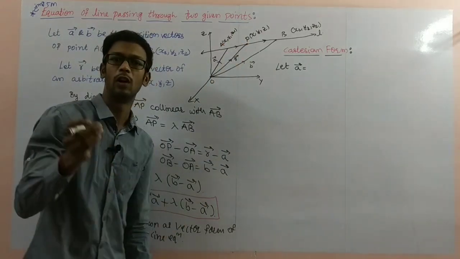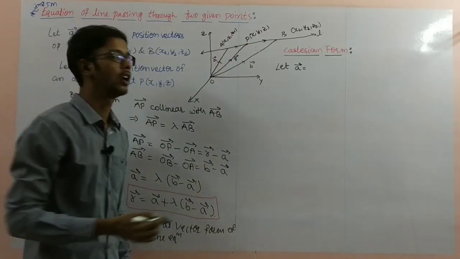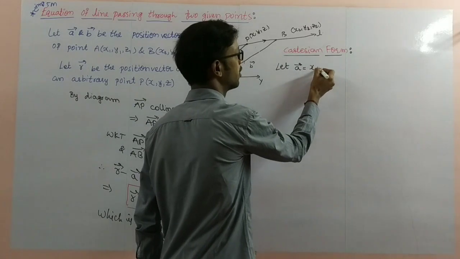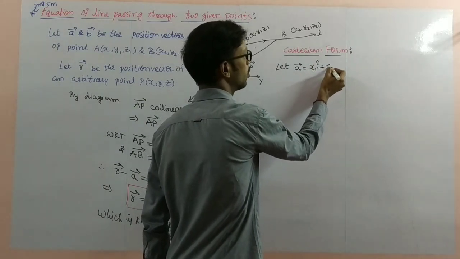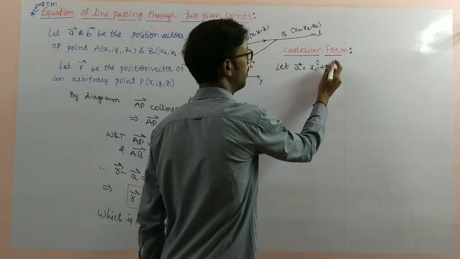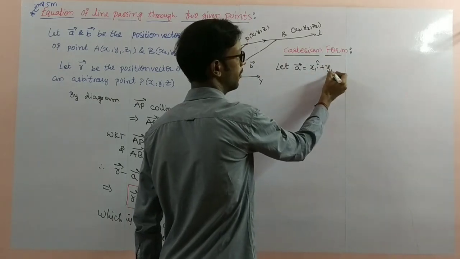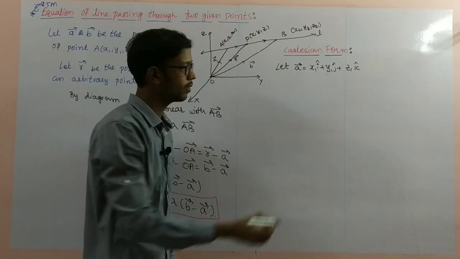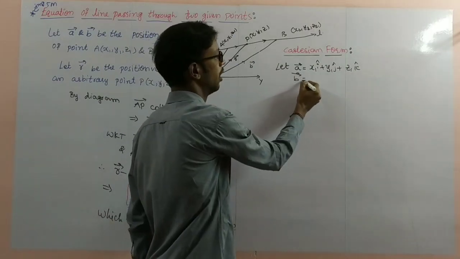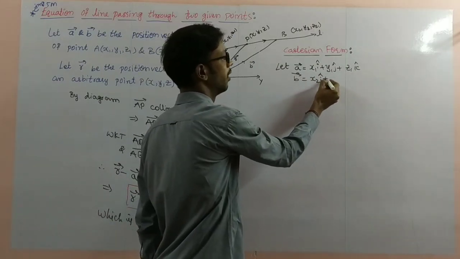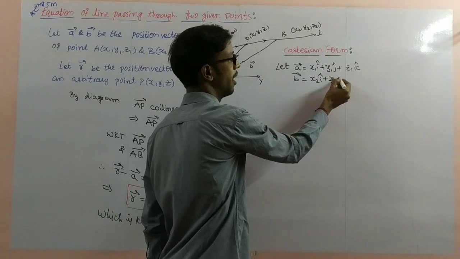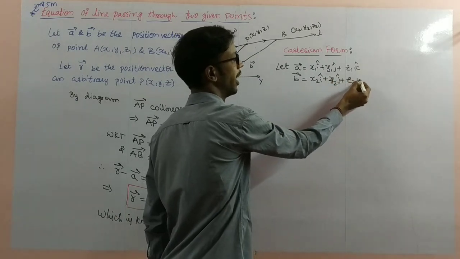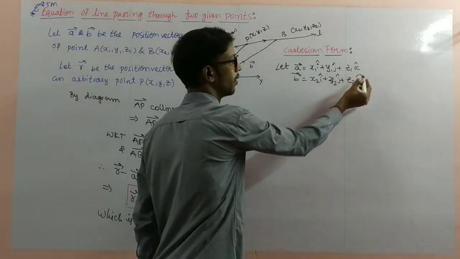If you know the point, you can write the component form of the vector: x1 i cap, y1 j cap, z1 k cap. B bar equal to x2 i cap, y2 j cap, z2 k cap.